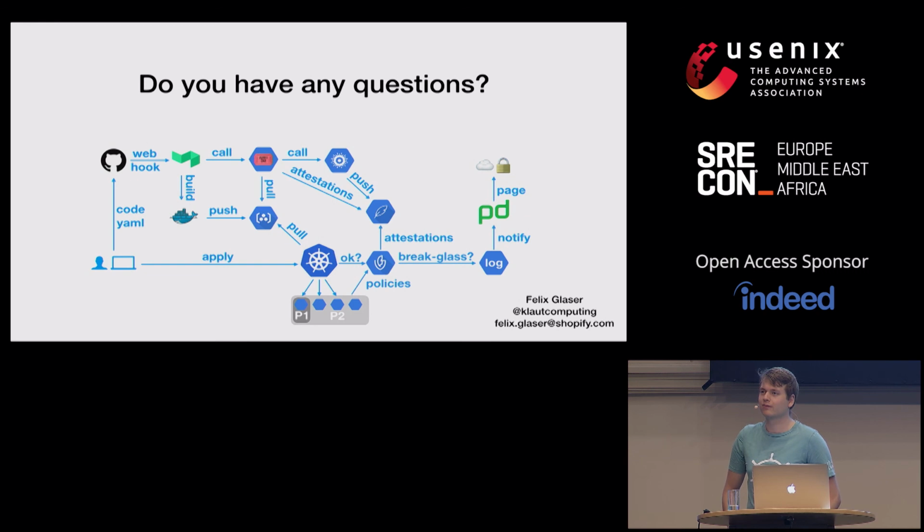Hi. Regarding this Docker signing, are you maintaining any public or private keys, or are you using some HSM server to maintain them? This is all based on PGP, so we maintain the keys ourselves. So you don't use any other tool to maintain it, or does Kritis itself have some functionality to maintain it?